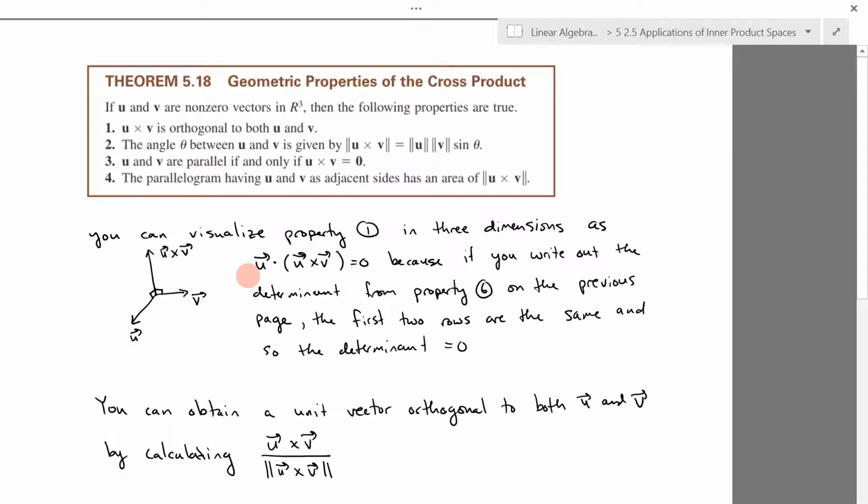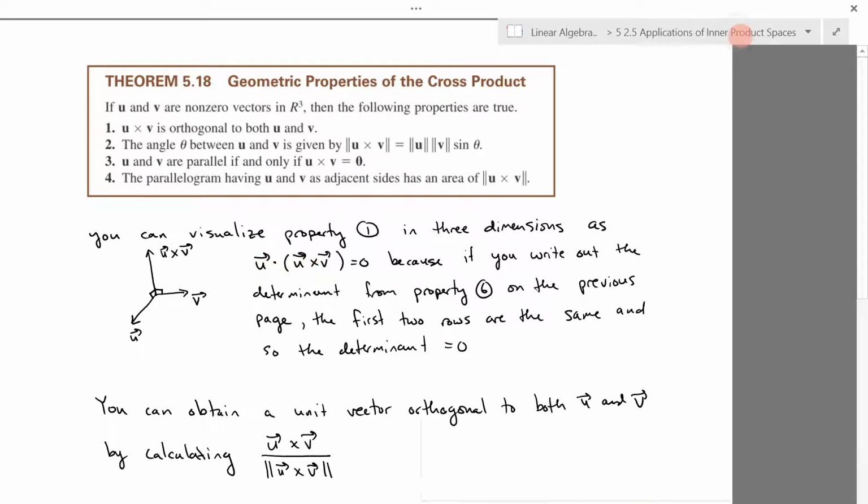So the reason is, if you calculate this out, what does it mean for two vectors to be orthogonal? It means their dot product is 0, right? So if you calculate the dot product of u with u cross v, then this is just a triple product where this vector and this vector are the same.